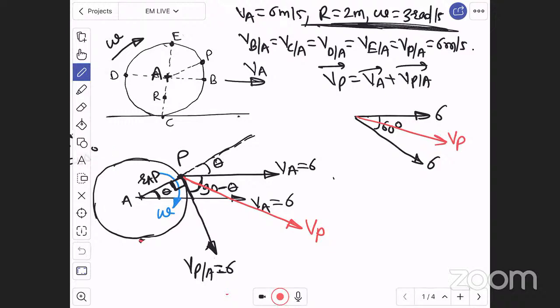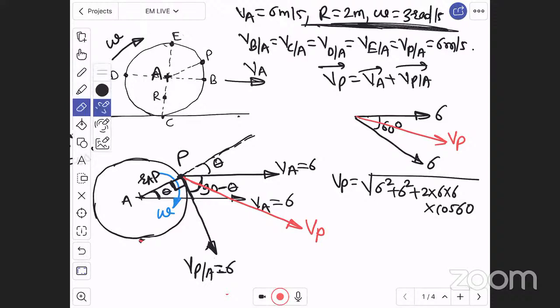It says that velocity of P will be equal to under root of 6 square plus 6 square plus twice into 6 into 6 into cos 60. Angle between them is 60 degree. This is the law of parallelogram or not?